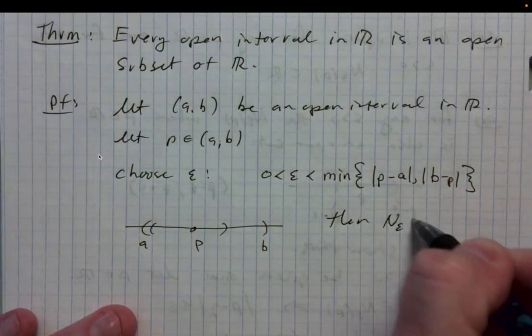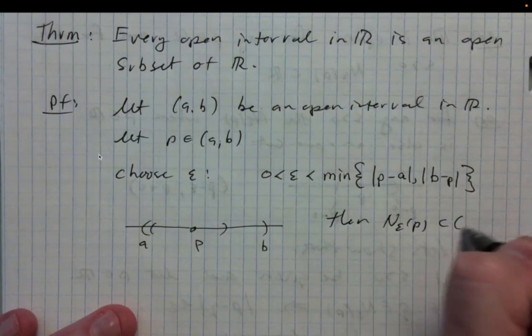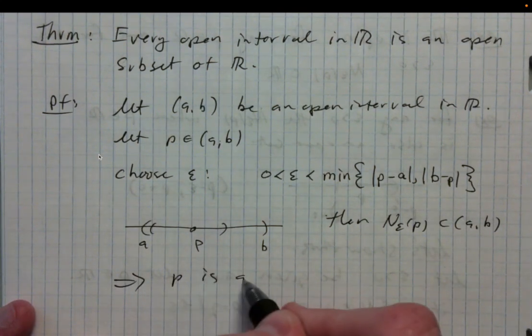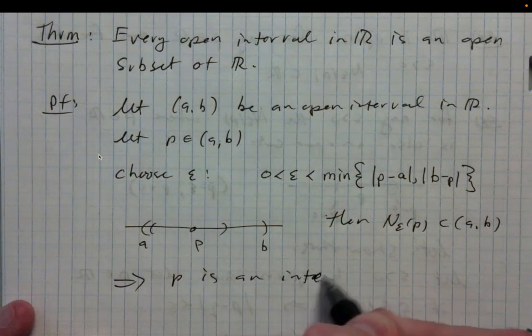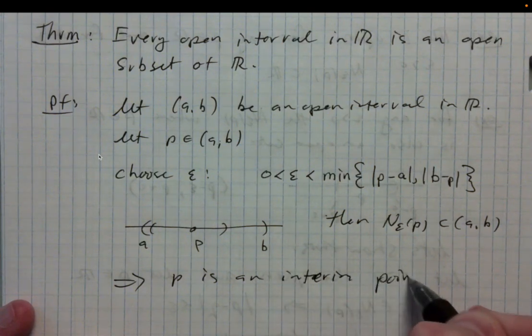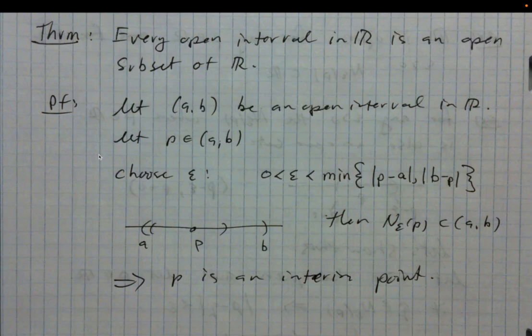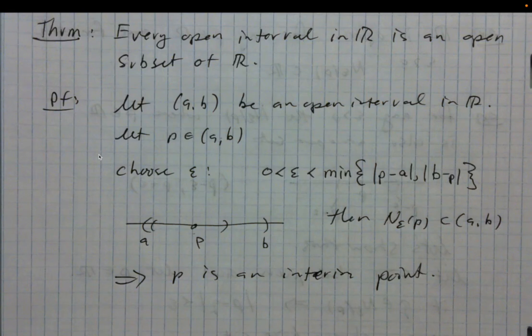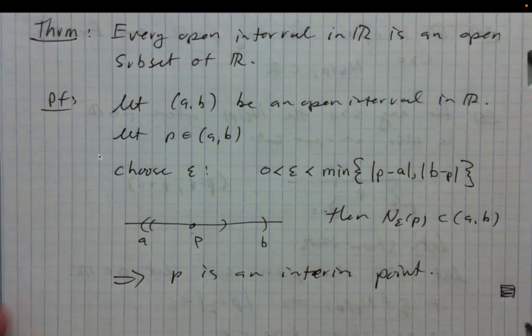So the epsilon neighborhood of p would be contained in (a, b), which implies that p is an interior point. Obviously, if I'm really, really close to a, I just choose a smaller interval. It's always possible to choose a smaller epsilon. Okay, that's the end of the proof.